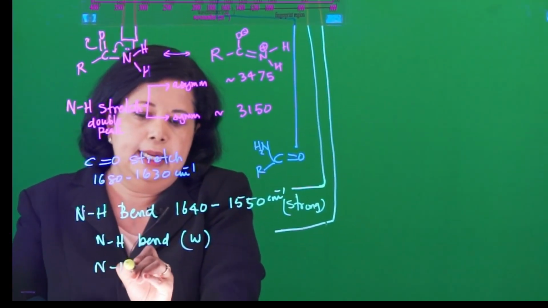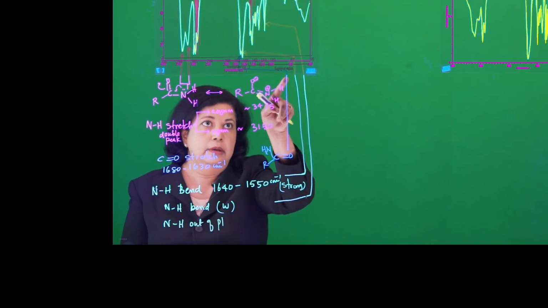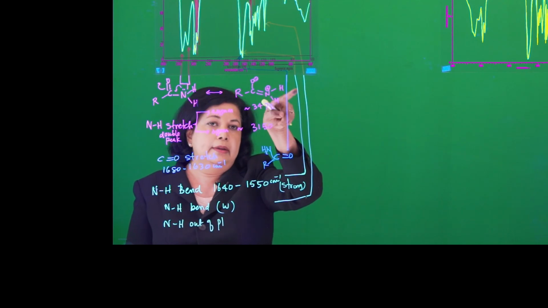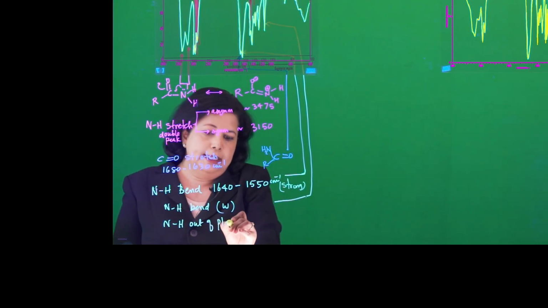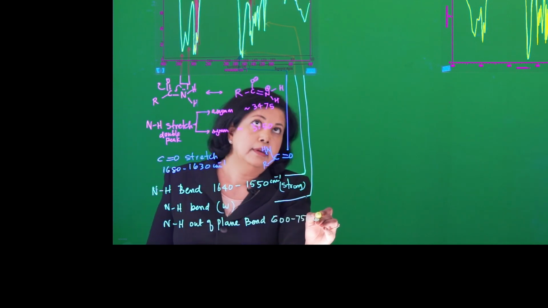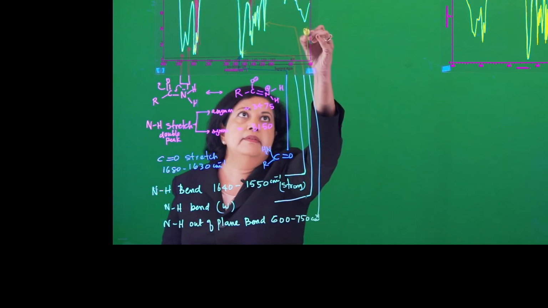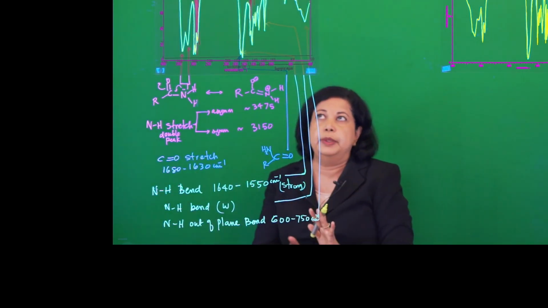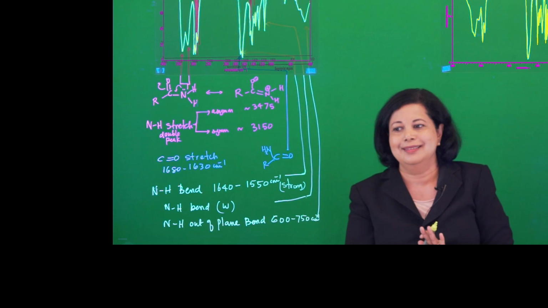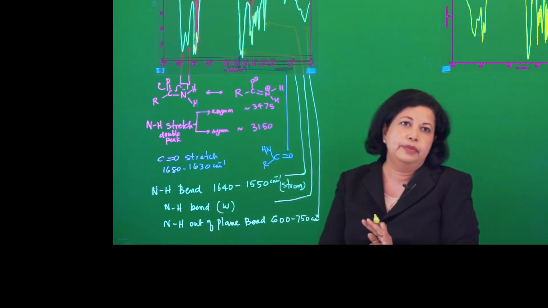So this is the plane of the molecule, and it's going to go out of plane. And that's about 600 to 750. And that's what you see here. Okay, so we kind of looked at what all these peaks could be for a primary. All right, let's compare a primary with a secondary. What's the difference?